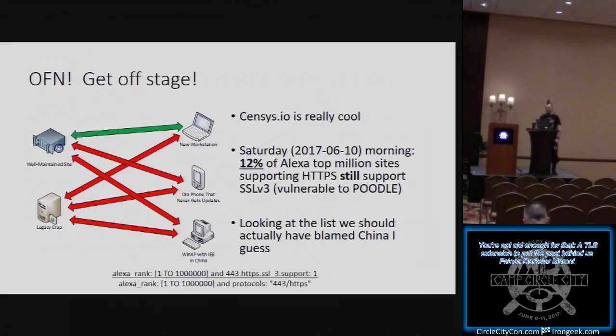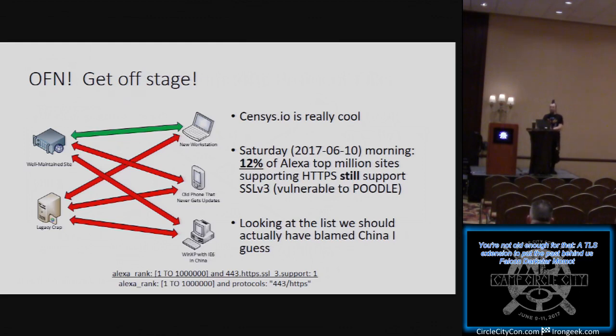So, I know my stats are old, but I actually ran them again yesterday morning and I found that still 12% of sites continue to support this here in 2017 from this issue that was disclosed in 2014. So the solution that we have right now of disabling things and updating everything post-haste clearly is not working.